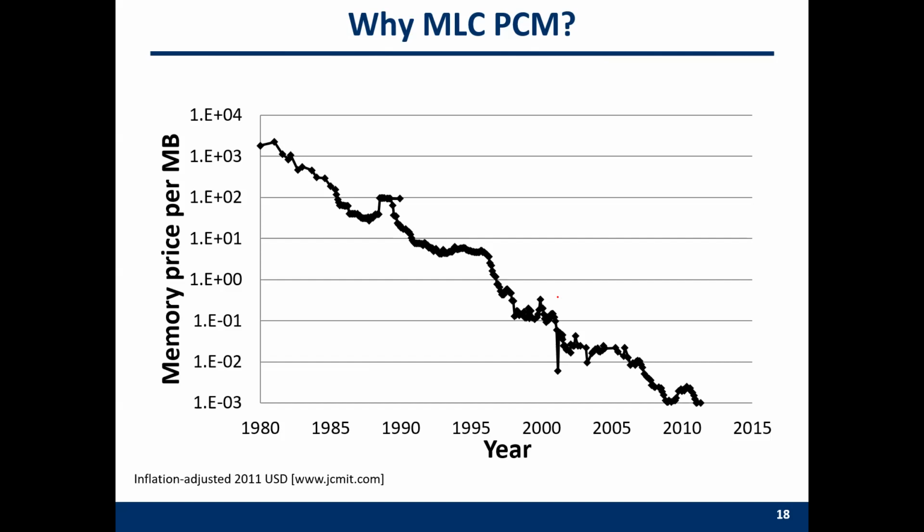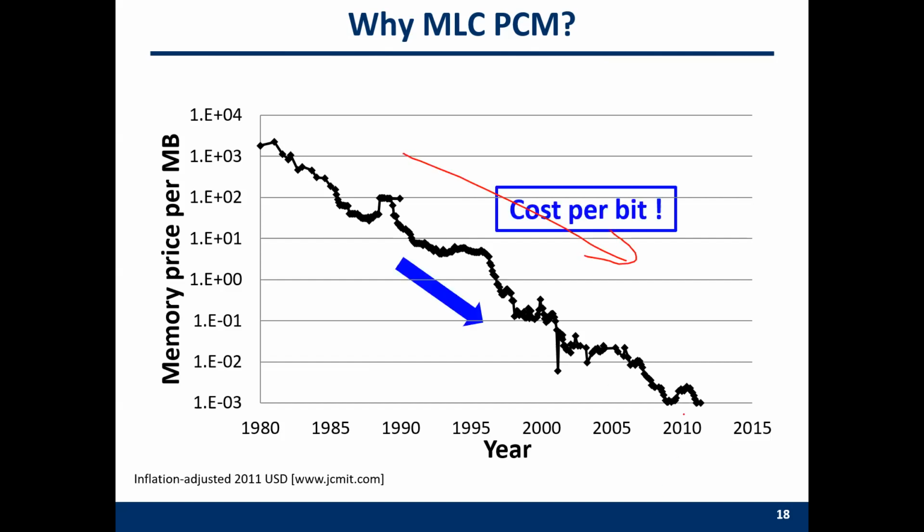Why do we need to store 2 bits in one cell? The answer is simple. Because the historical price of storage in terms of megabytes significantly decreases with age. So we actually pay more attention to the cost per bit.